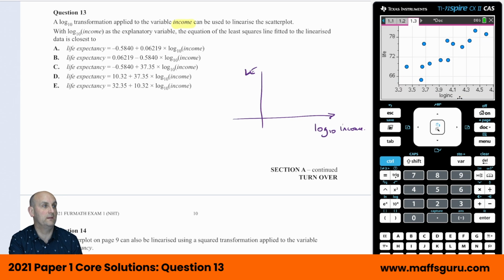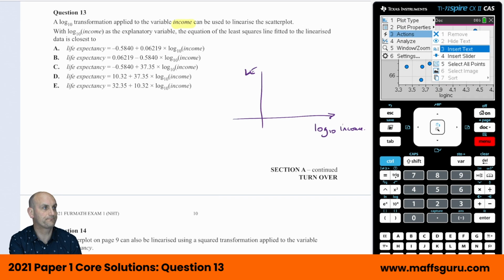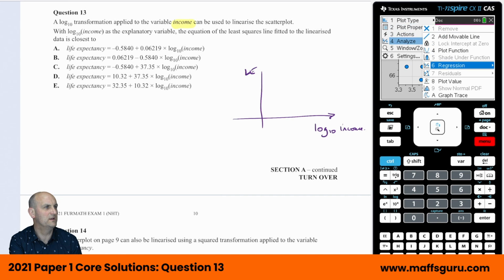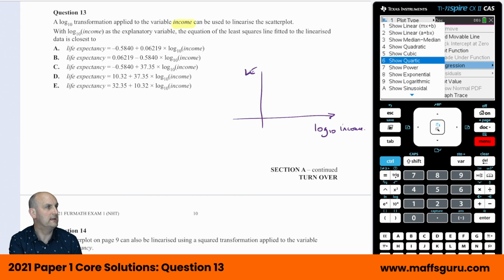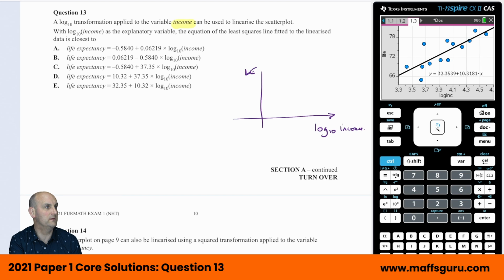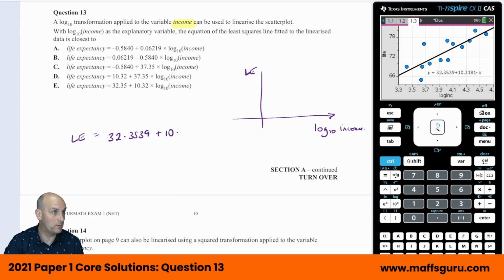So what do I want to do now? I want to do menu, analyze, regression, and show linear AX plus B. And there we go. Now obviously it does the Y and the X for me simply because it doesn't know the log whatever. But again, there I would have my life expectancy equal to 32.3539 plus 10.3181 times the log 10 of income.